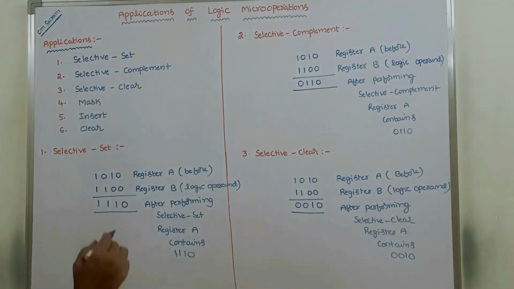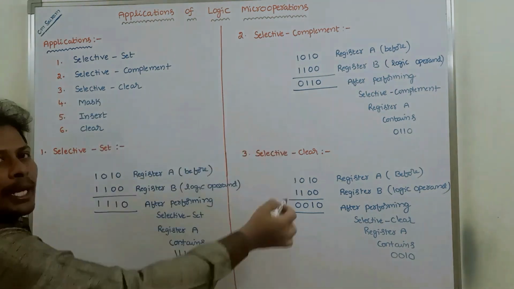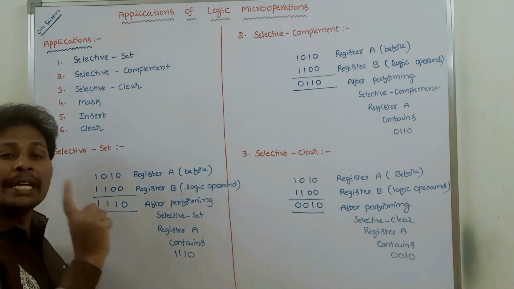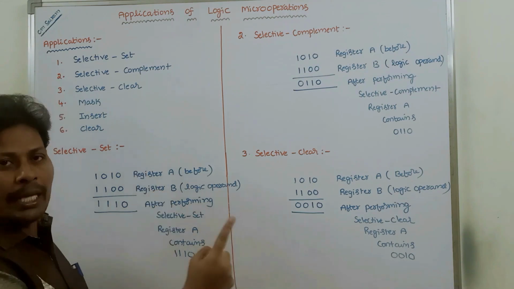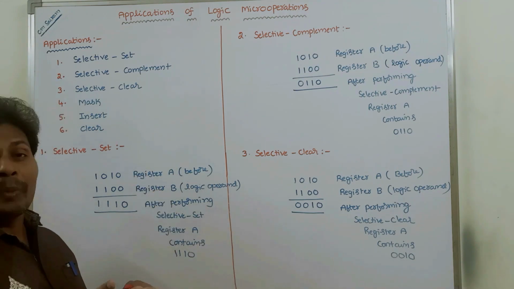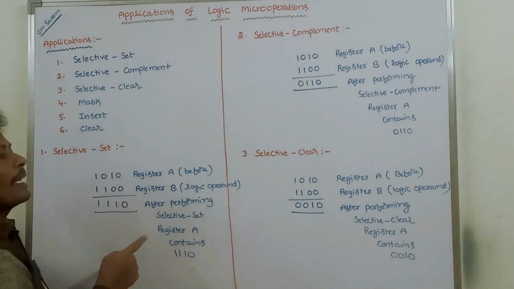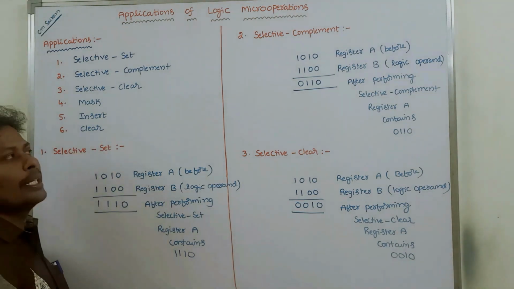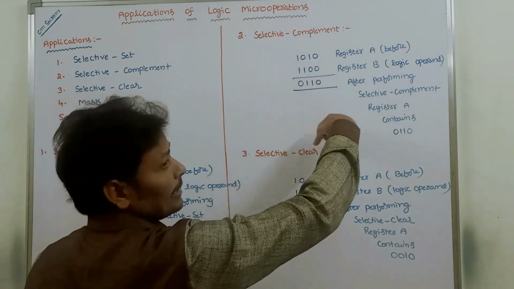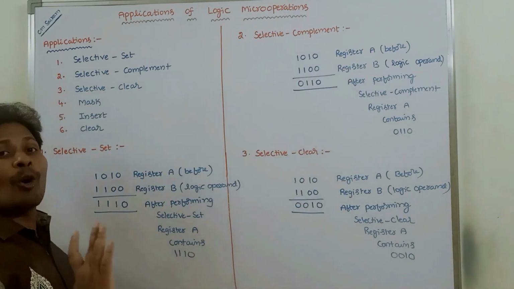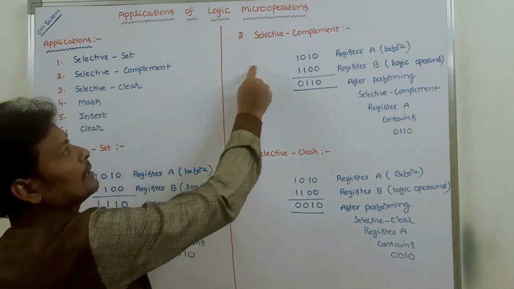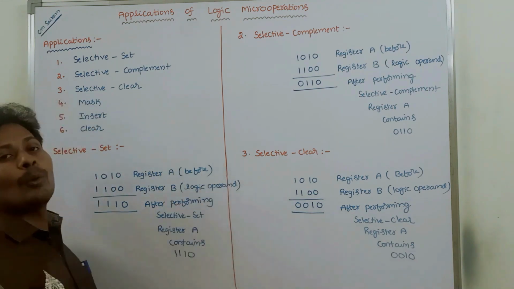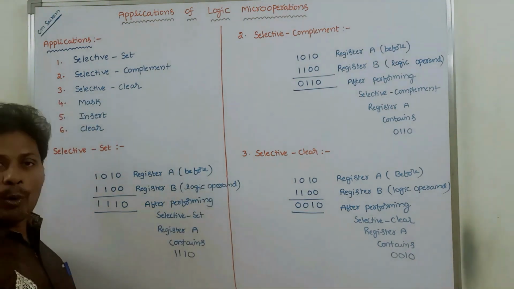In these three operations, we have to consider only bit 1 in register B. The corresponding bits in register A can be set as 1 in selective set operation, can be set as complemented bit in selective complement operation, can be clear to 0 in selective clear operation.